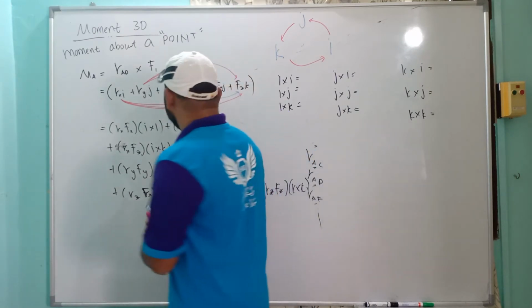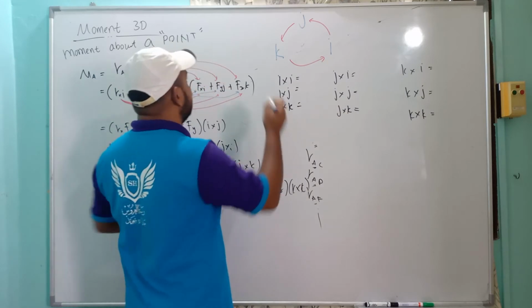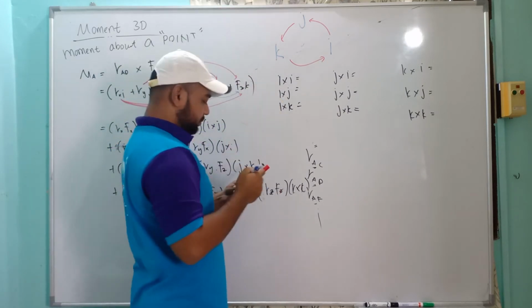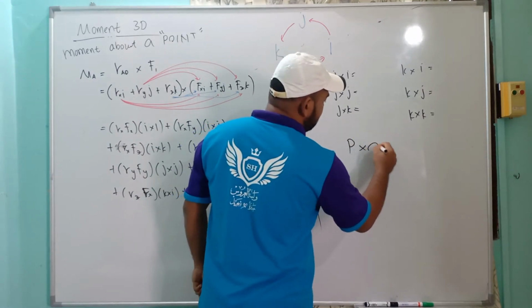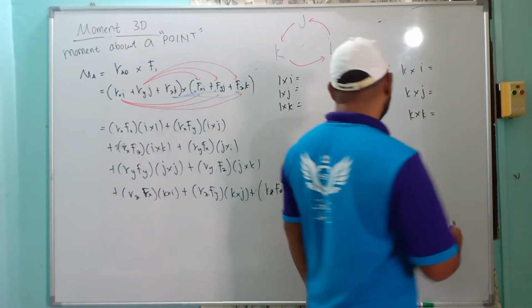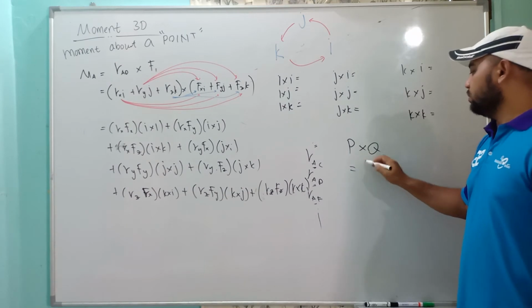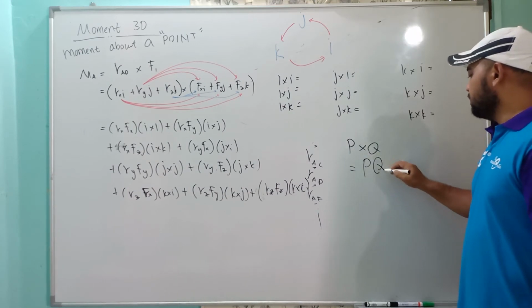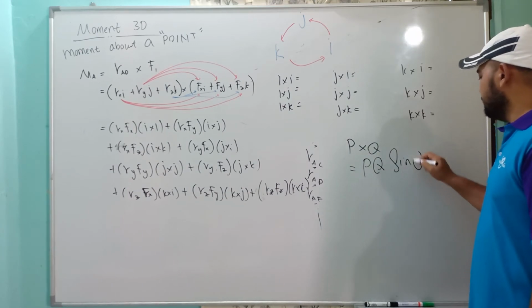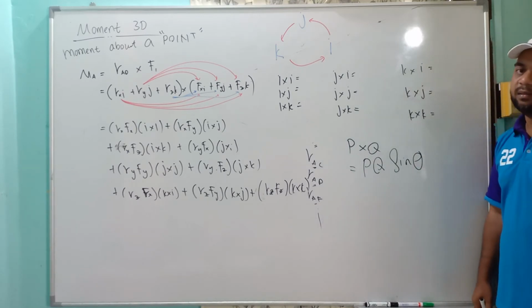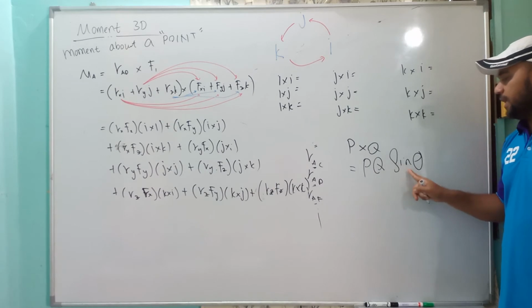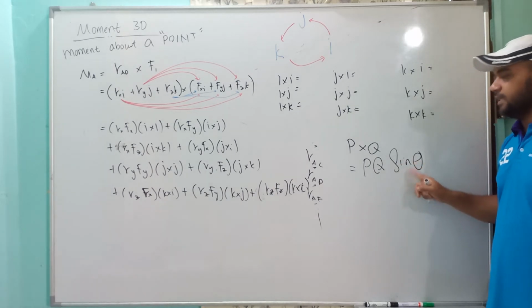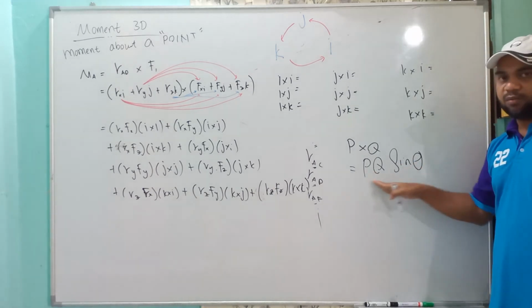For vector cross product, P cross Q is actually equal to PQ sin theta. Okay, so theta is the angle between these two forces.